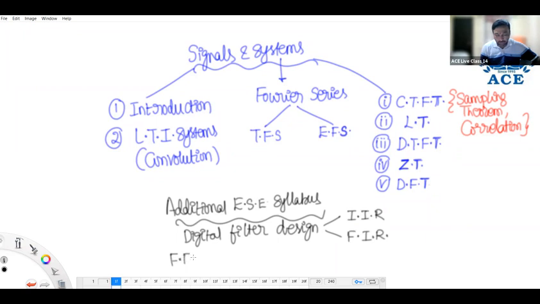Fast Fourier transform, which is an extension of DFT, we used to have in the GATE syllabus, but they have removed it. Only DFT is there, but still FFT is there in ESE. One more advanced topic: speech, audio, radar signal processing uses.